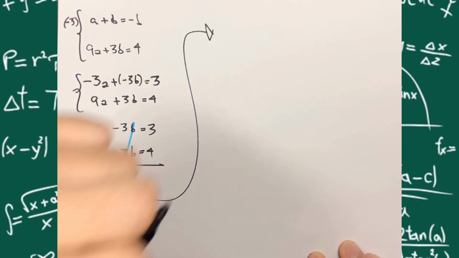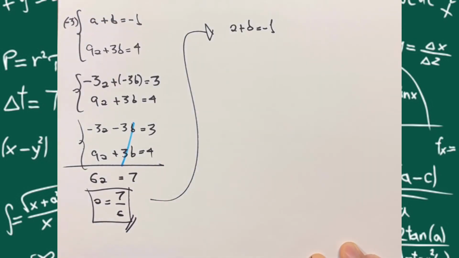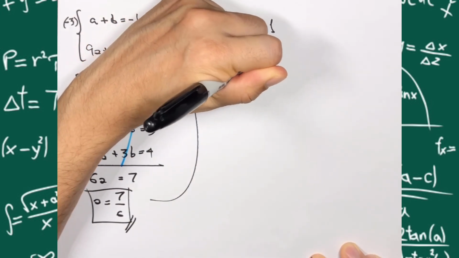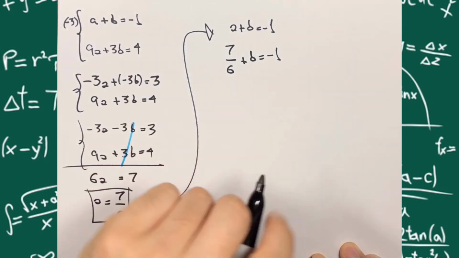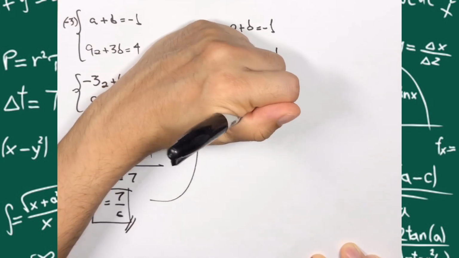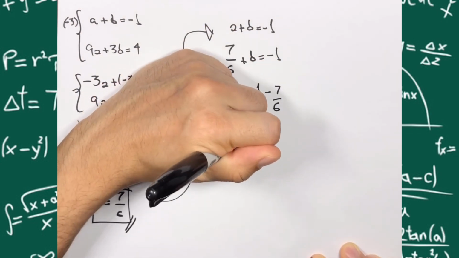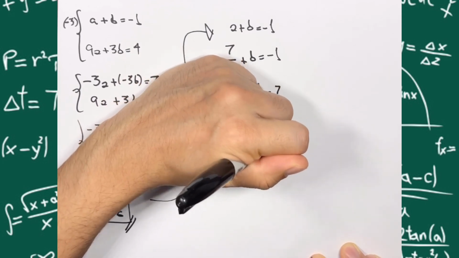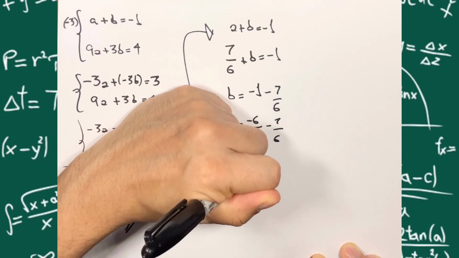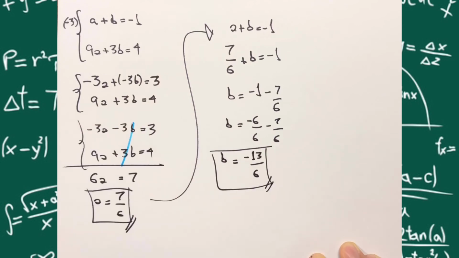Plug a into any of the equations. Let's use the first one: a plus b equals minus 1, and substitute the value of a that we found. Therefore, 7/6 plus b equals minus 1. Here we have to get rid of the 7/6: b equals minus 1 minus 7/6. Let's rewrite minus 1 as minus 6/6 minus 7/6. Therefore, we add with the same denominator, and b is minus 13/6.